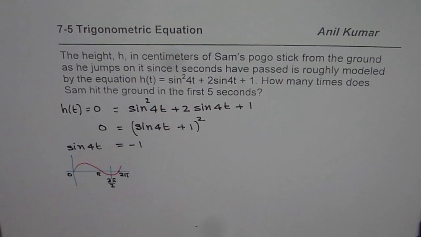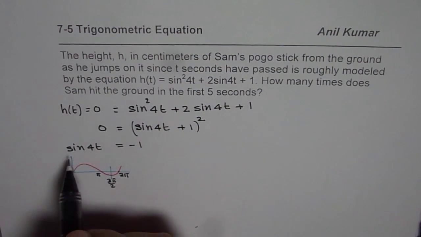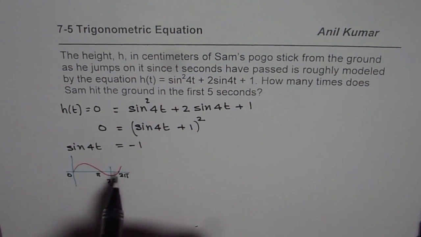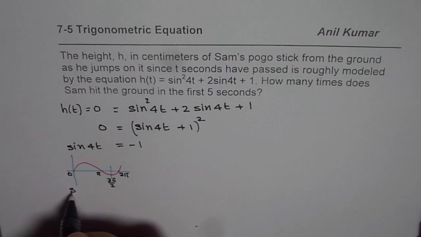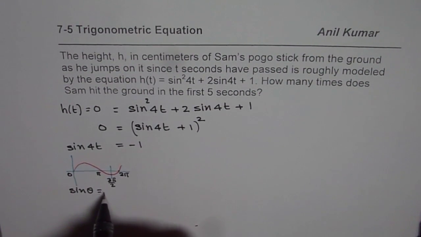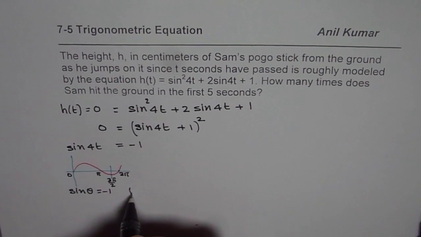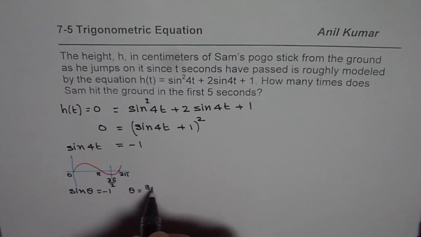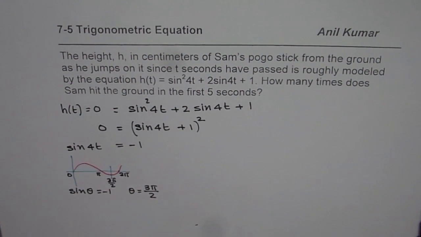So when theta is 3 pi by 2, only then will it be minus 1. So that will happen in one particular way for sin theta. That means sin theta equals minus 1 really means theta equals 3 pi by 2, correct?